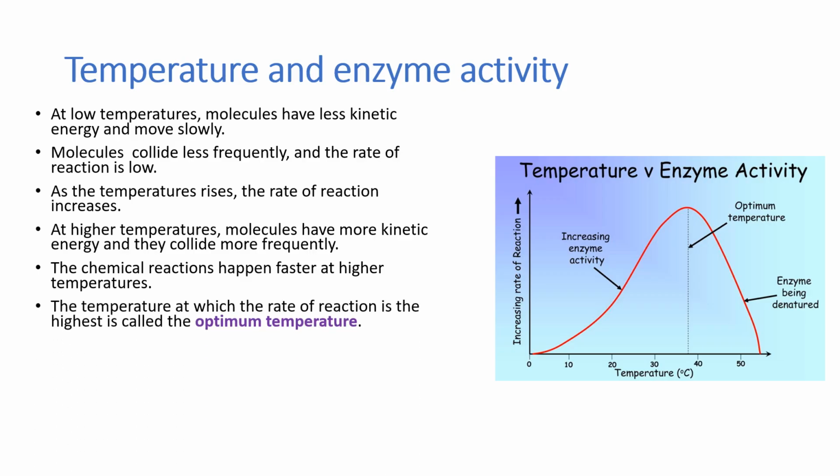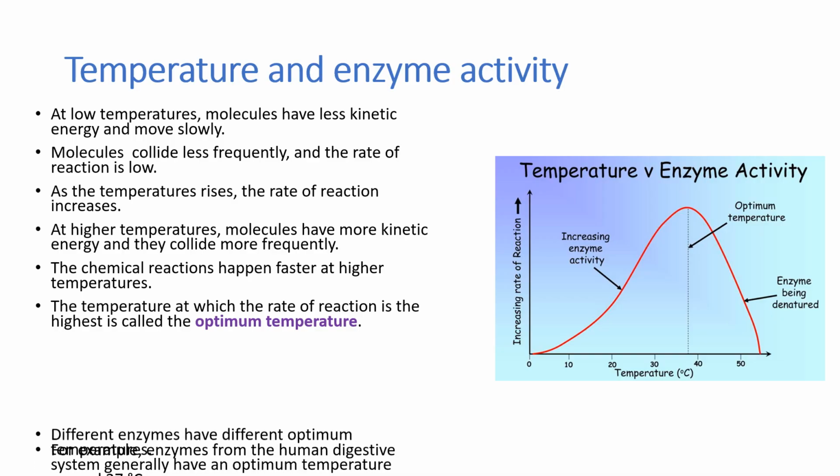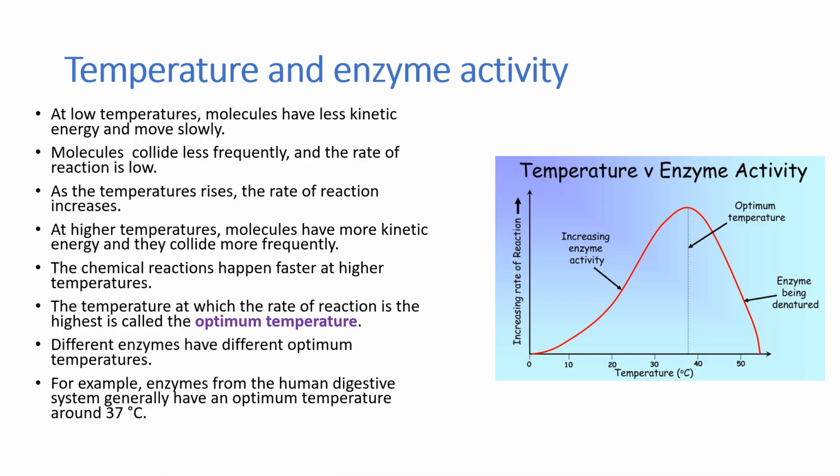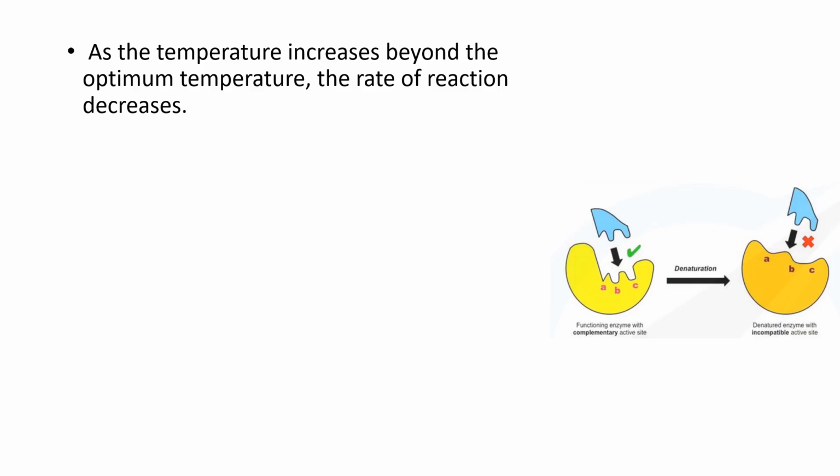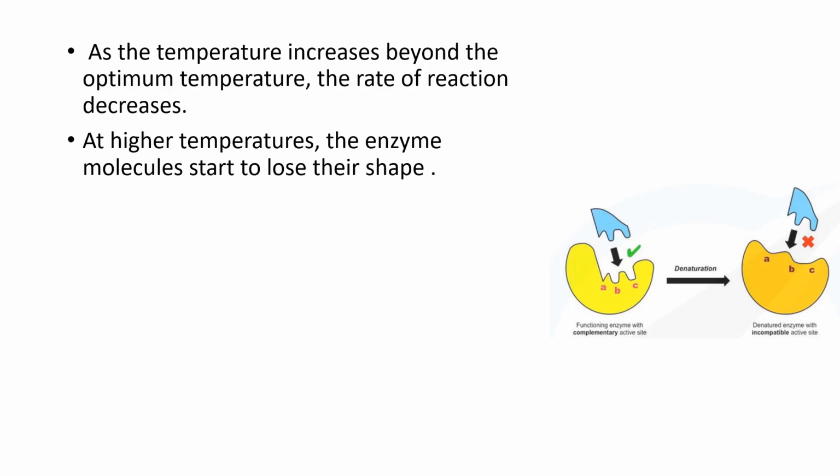The temperature at which the rate of reaction is the highest is called the optimum temperature. Different enzymes have different optimum temperatures. For example, enzymes from the human digestive system generally have an optimum temperature around 37 degrees Celsius. As the temperature increases beyond the optimum temperature, the rate of reaction decreases.